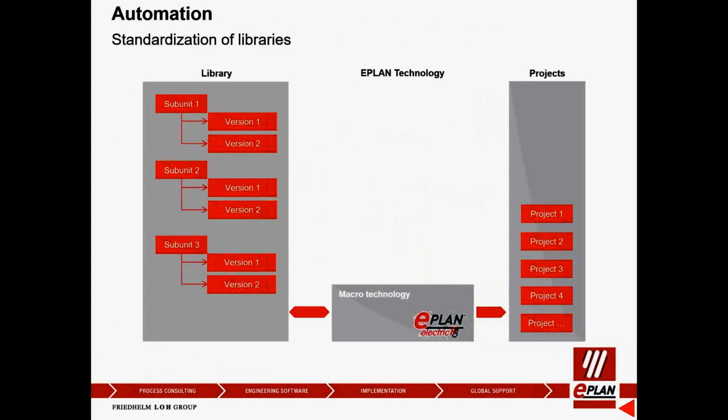So by creating these different libraries of these macros, and in the EPLAN world, we use a word to express different blocks, or basically our sections that we're going to be reusing inside our project, and we call those macros.